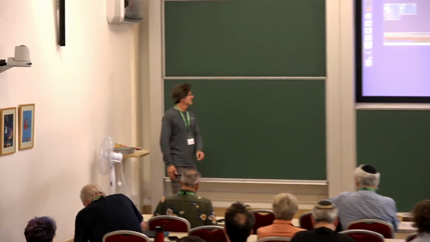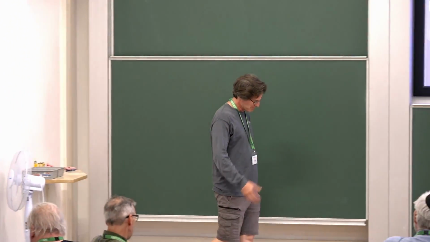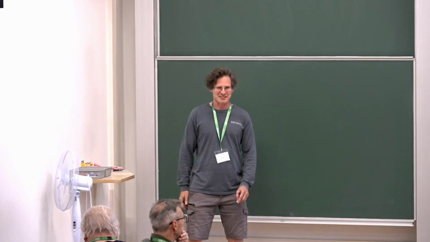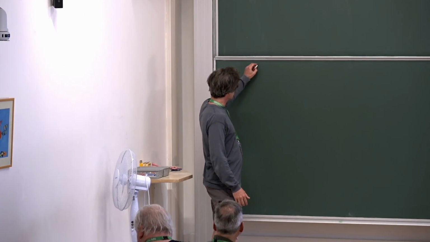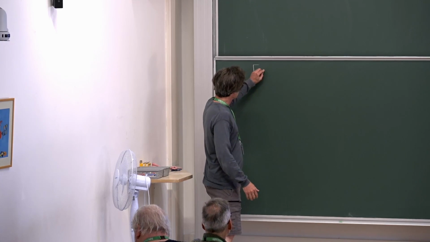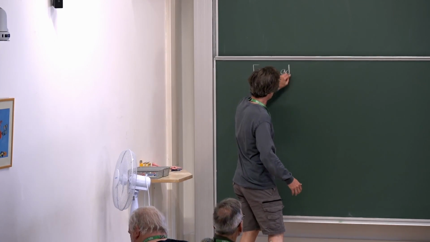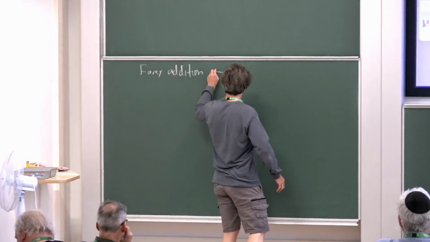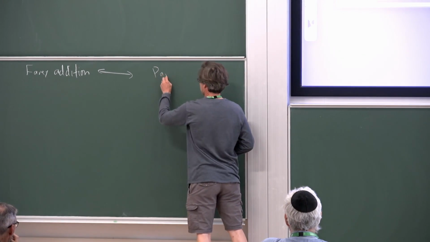So, in the end, I want to talk about some group actions on a non-positively curved symmetric space. I'll start slow and build up to it. The way it works is there's an analogy between Farey addition and something called Pappus' theorem.